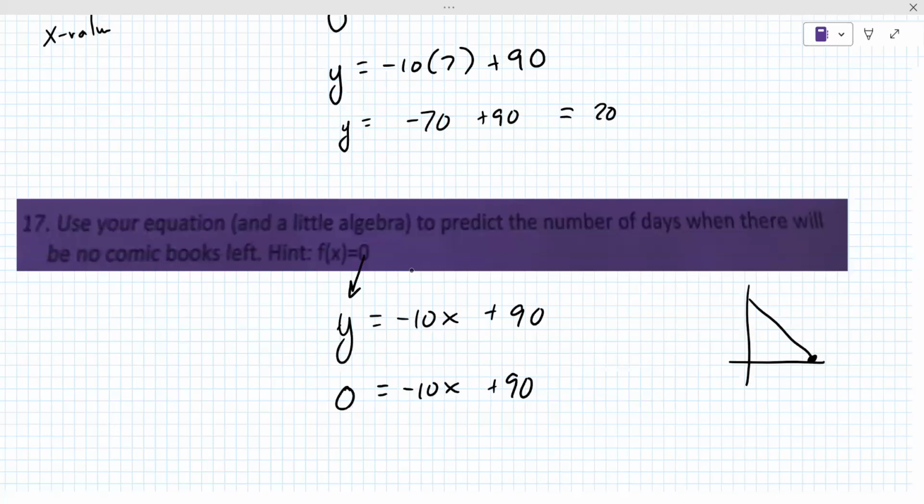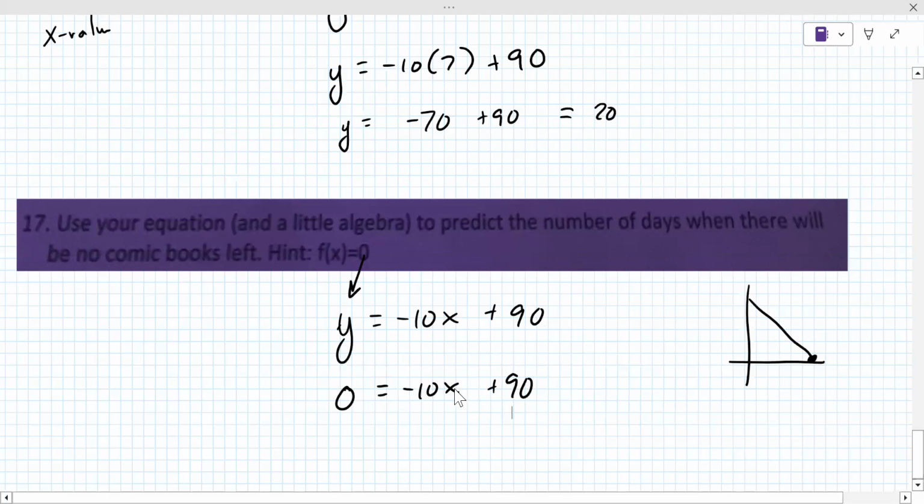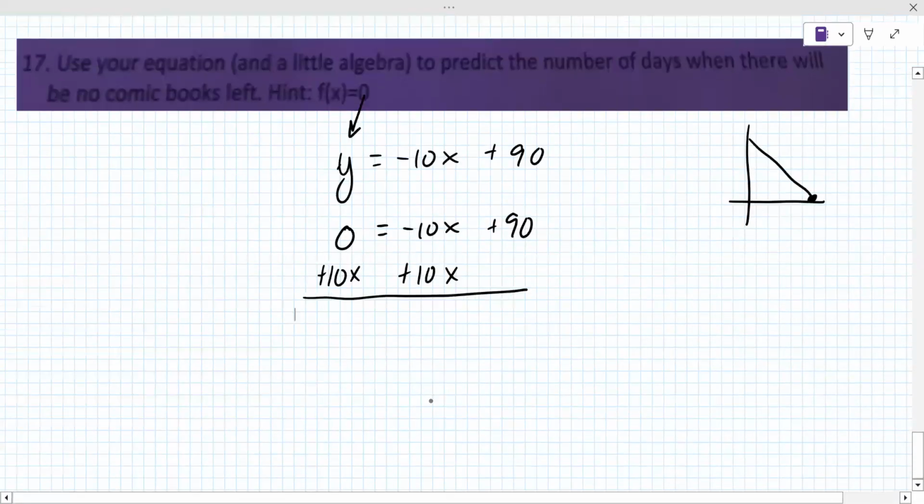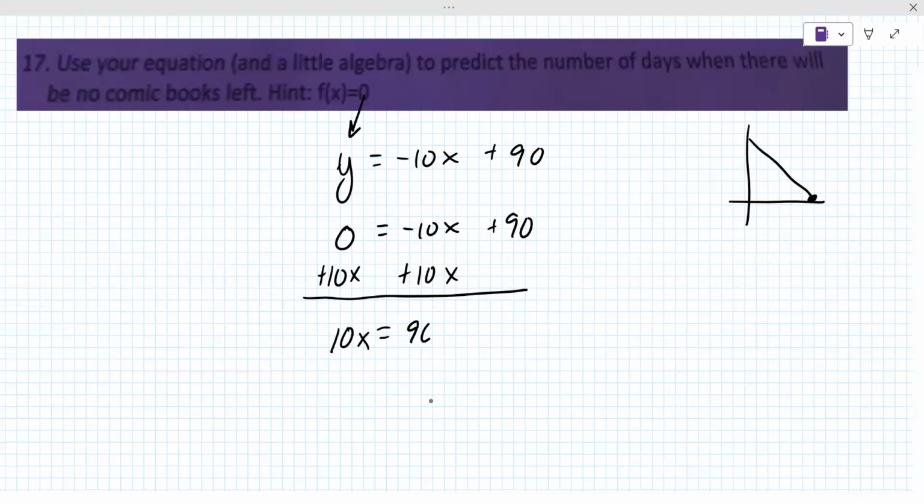Okay. What do you see here? Would you add 10? 10x, you could do that. So 10x equals 90. Now what? You could subtract 10.